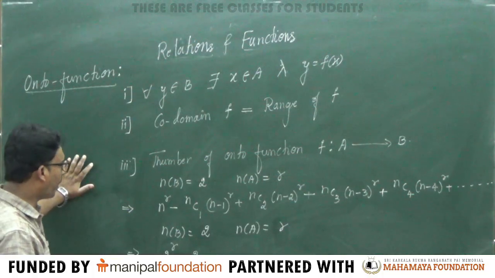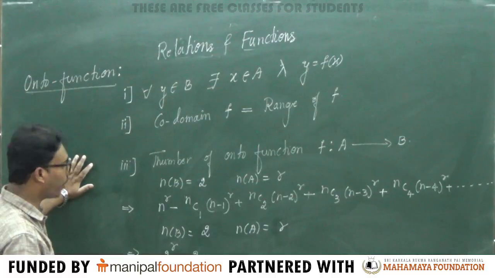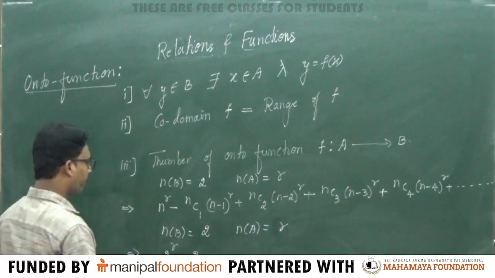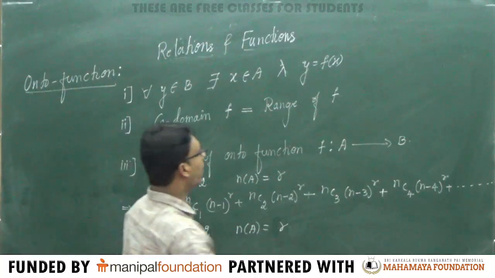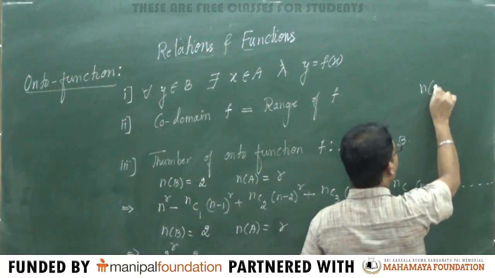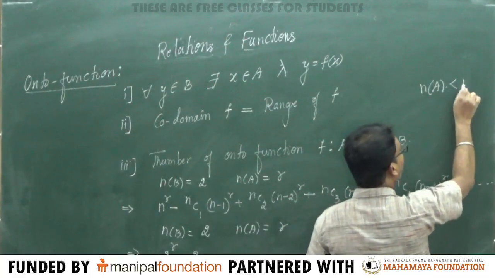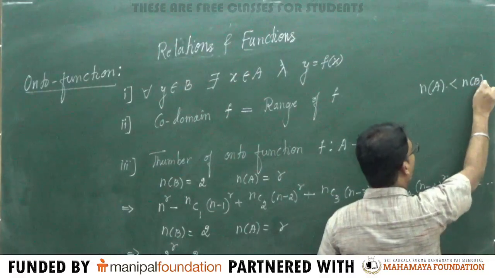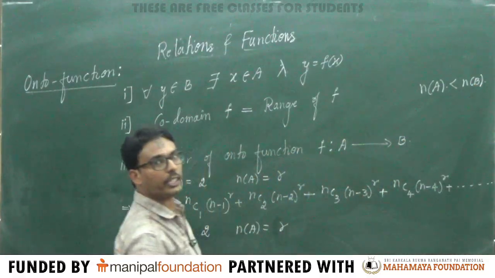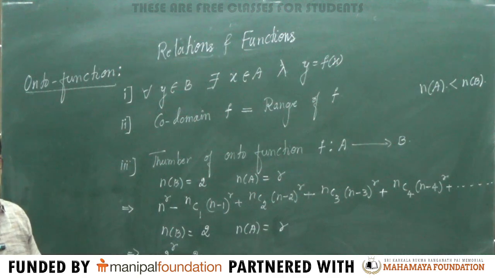That is the formula to find the number of onto functions. If the number of elements in the domain is less than the number of elements in the codomain, then the number of onto functions is equal to 0.